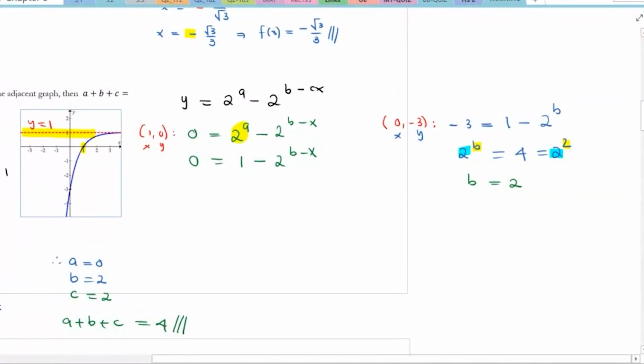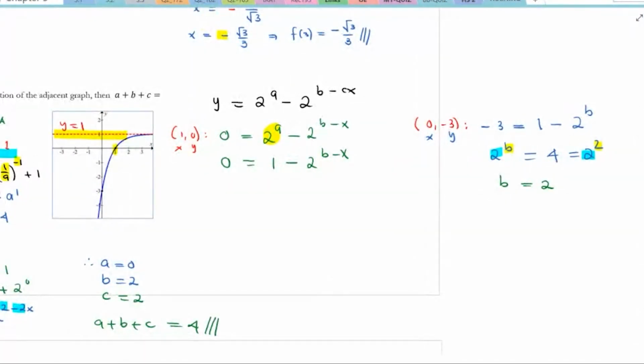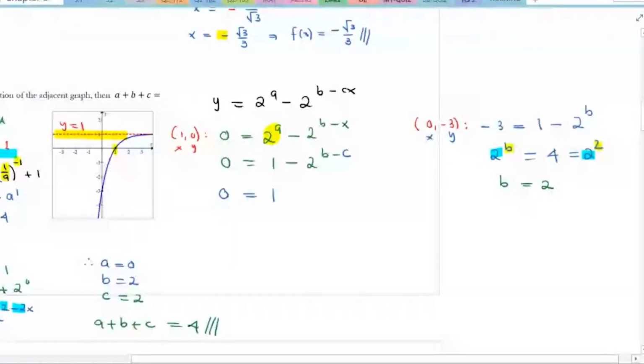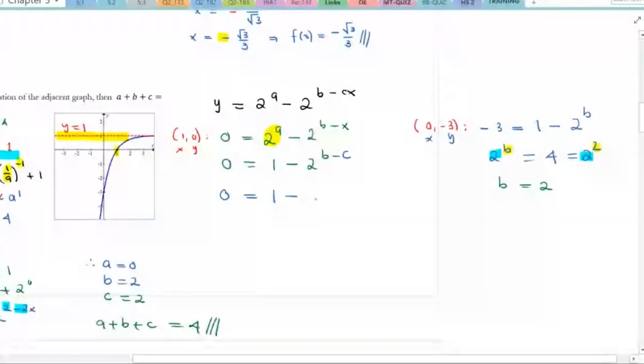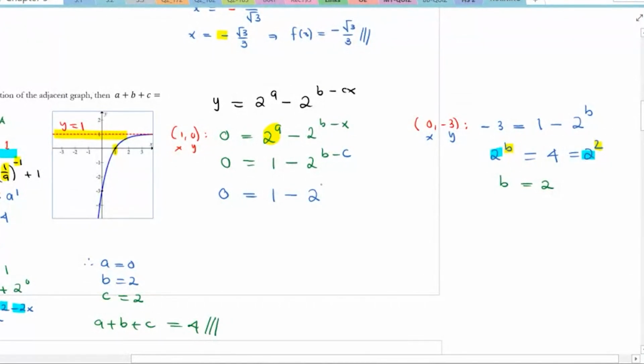Now that you have b equal to 2, substitute here. Sorry, this one is c, not x. Substitute here. Then we have 0 equal to 1 minus 2 to the power of, gentlemen, 2 minus c. Now, we can rewrite this: take 1 to the other side and take 2 to the other side.